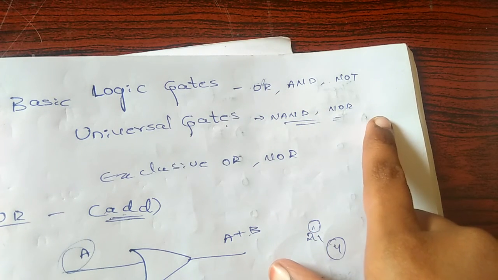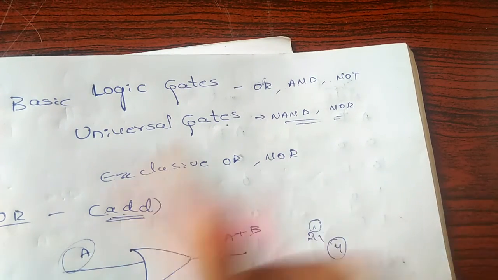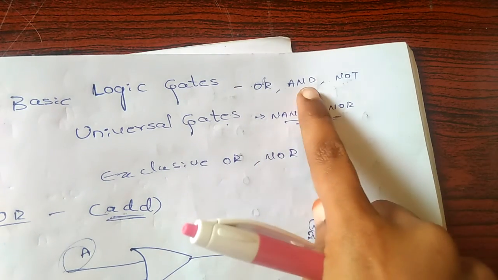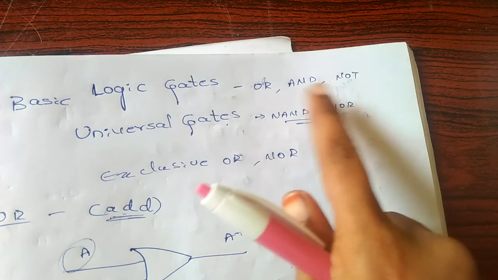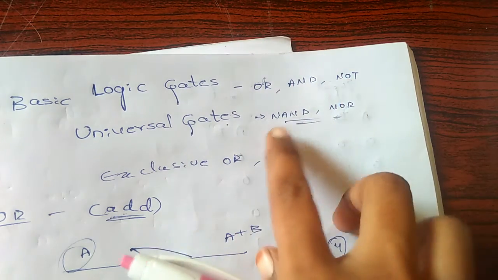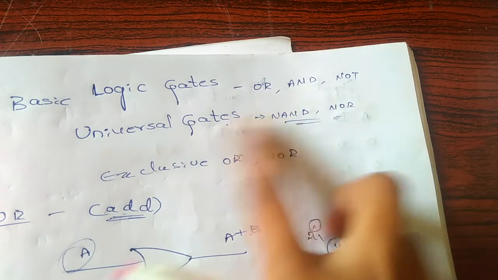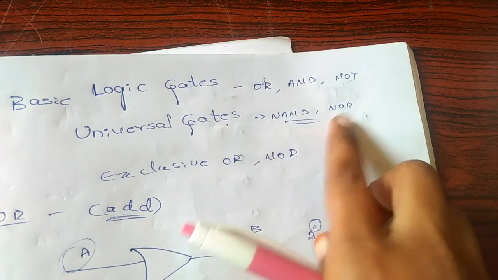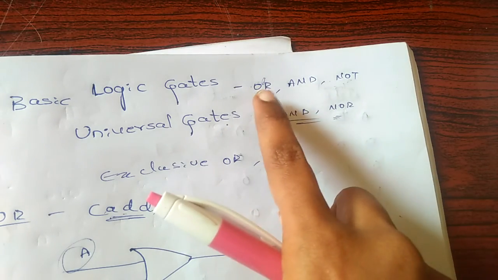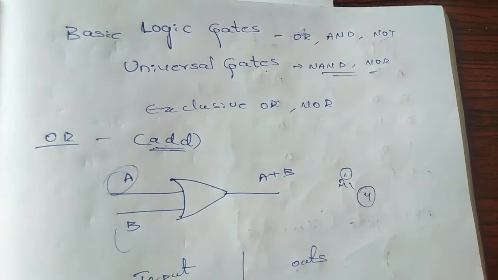If you would like to represent the OR gate using NAND gates, you have to use one AND gate. If you would like to represent the AND gate using NAND gates, you have to use two NAND gates. If you would like to represent the NOR gate using only NAND gates, you have to use three NAND gates. This is nothing but the realizations of the NAND gate and NOR gate for OR and NOT gates. It is simple. I will explain in the next class.